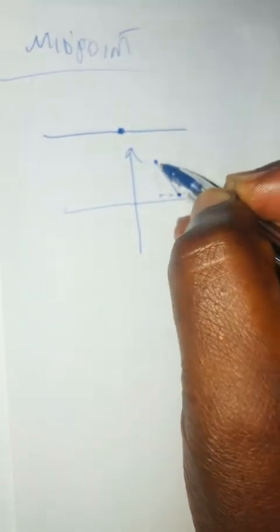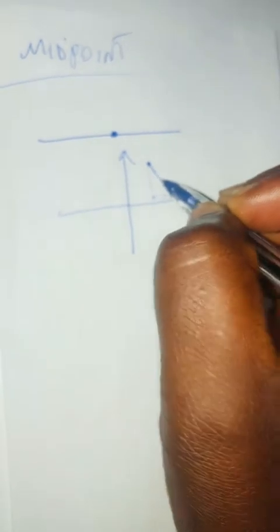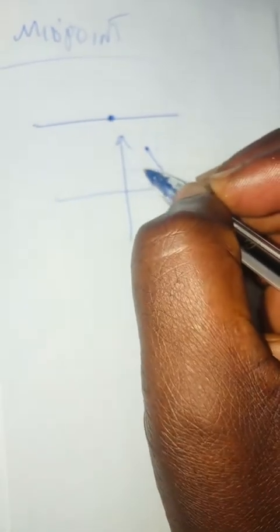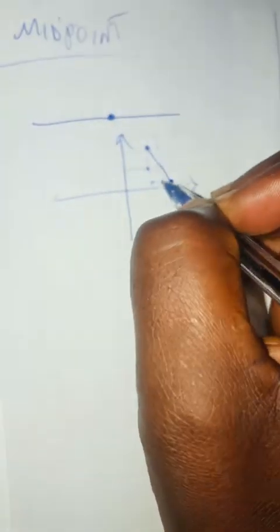I draw a vertical line passing through the midpoint, and then a horizontal line passing through that line, and where they meet gives me the midpoint of that line.